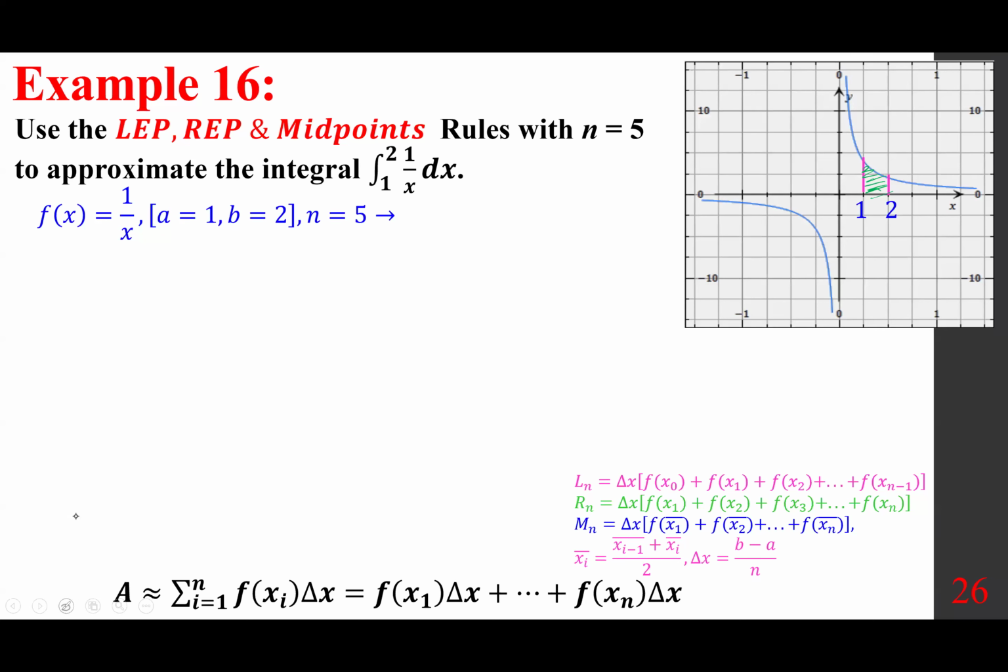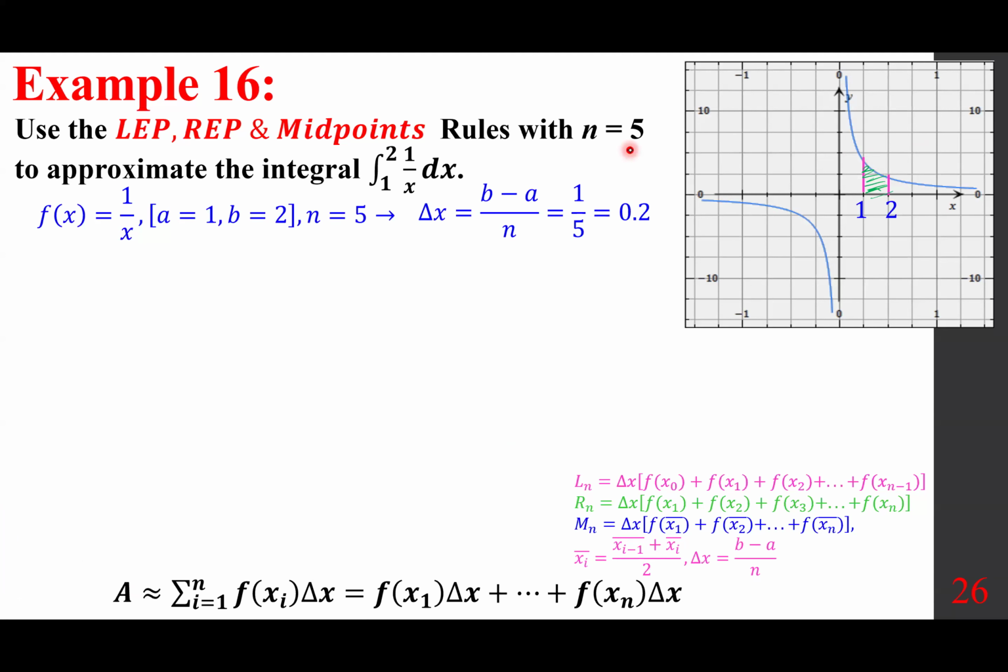It is not a geometric shape that we can calculate, so we are estimating it with n equals 5. Delta x is b minus a, 2 minus 1, over n, or 5, so 1 over 5, or 0.2.